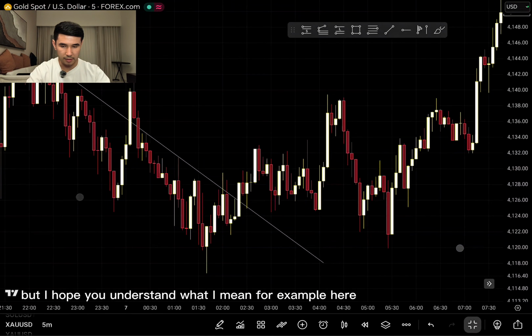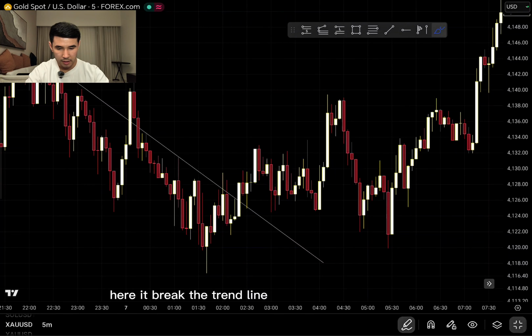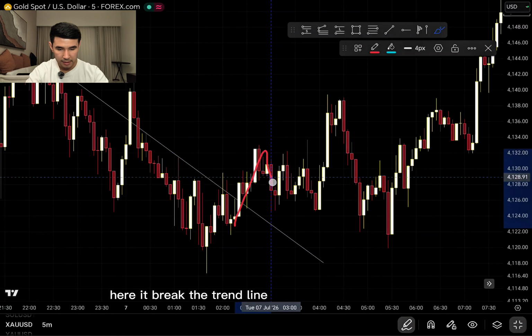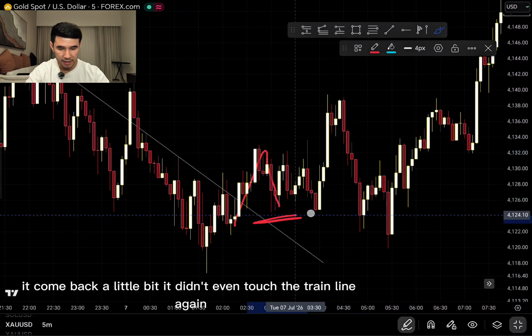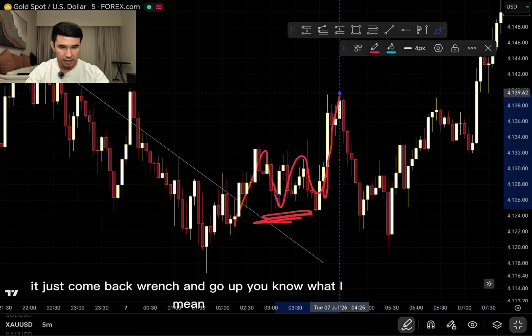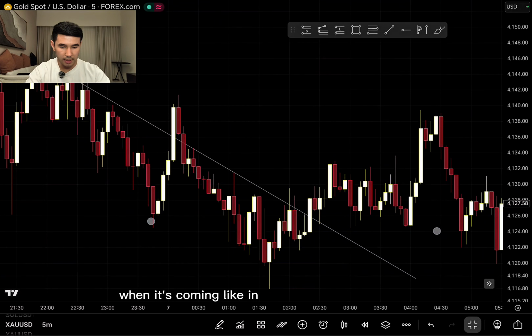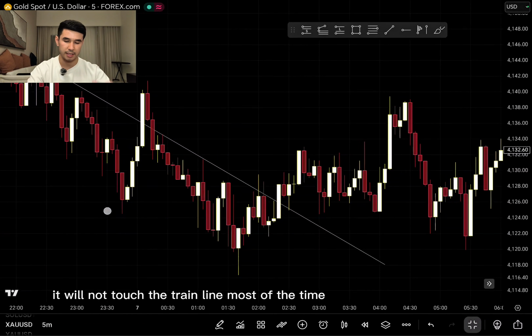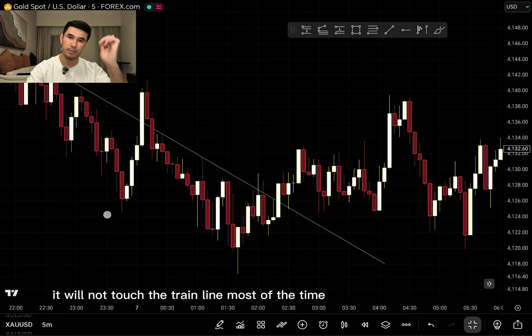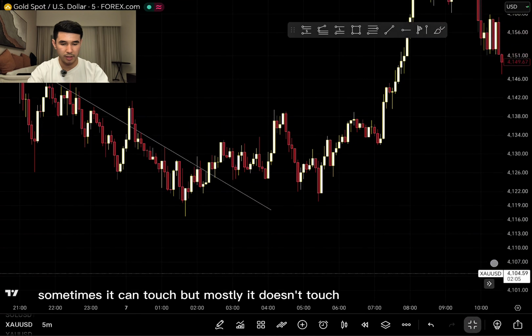For example, here it breaks the trend line, it comes back a little bit. It didn't even touch the trend line again. It just comes back, ranges and goes up. You know what I mean? When it's coming, it will not touch the trend line most of the time. Sometimes it can touch, but mostly it doesn't touch.